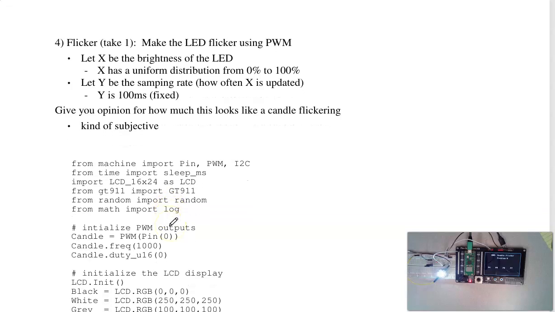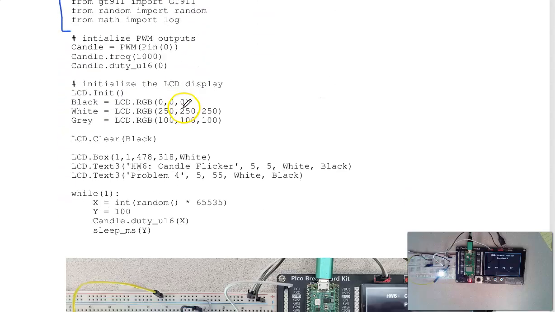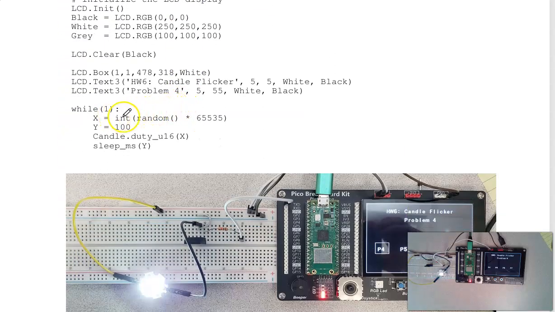Problem 4 is now let's use some random processes. Use the random library in Python. And this actually uses quite a few libraries. I want to have an LED where the brightness varies between 0 to 100%, and I change the brightness every 100 milliseconds. Now, one way to do that is X is the brightness, Y is the sampling rate.